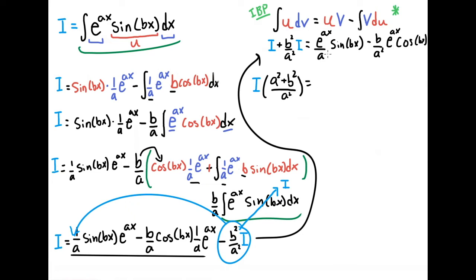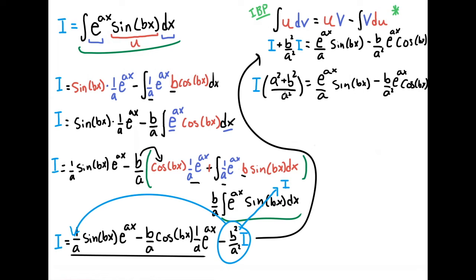And that's going to be equal to this previous statement on this side, which is e to the ax all over a times sine of bx minus b over a squared e to the ax cosine bx.